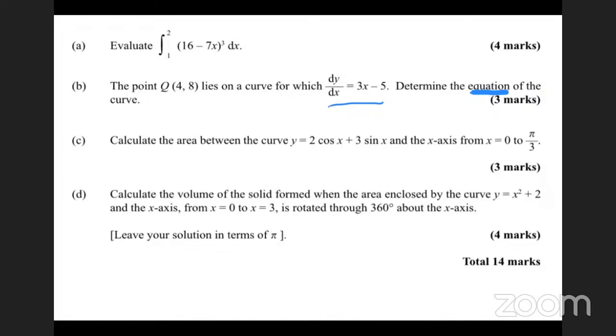When you integrate something, you're going to get a what? You're not going to get the full equation, plus c. How do you get rid of plus c? Substitute the points 4 and 8 into the equation, right? That'll help you find c. Try it fast. Try part B quickly.